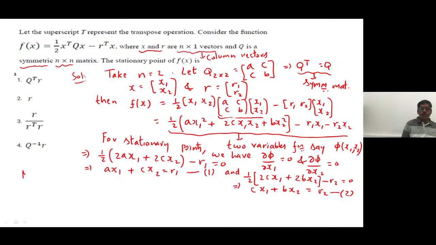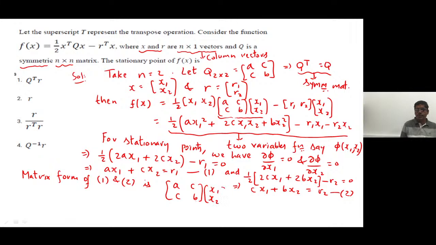So I can write these two equations, 1 and 2, in matrix form: the matrix A, C, C, B multiplied with the column vector x1, x2, and the right side r1, r2.